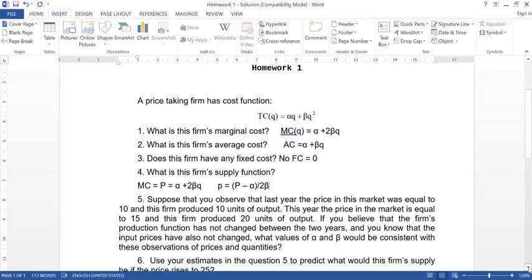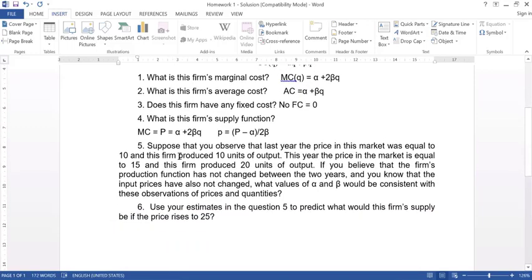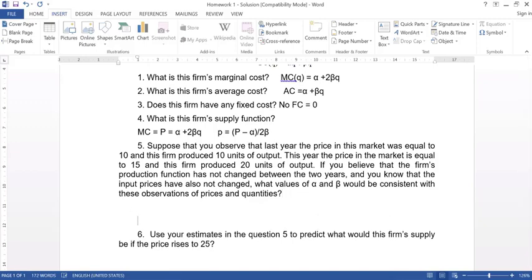Now, question number 5. Suppose that you observe that last year the price in this market was 10 and the output was 10 units.